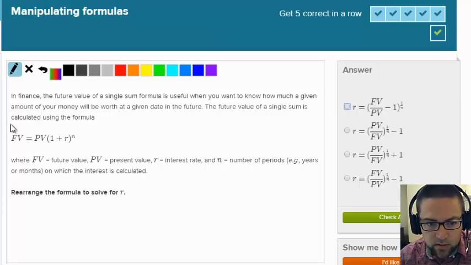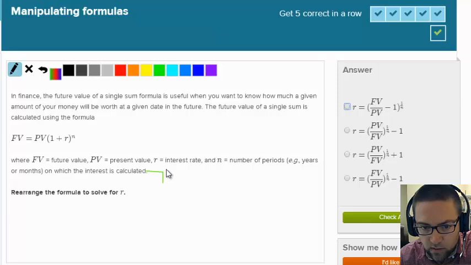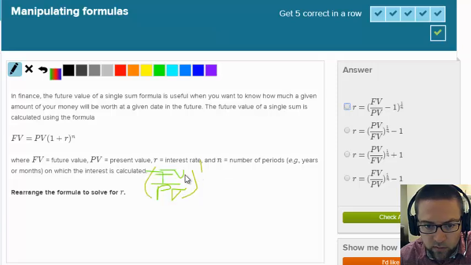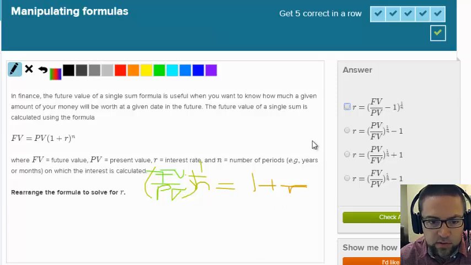Let's go ahead and write this down. So we have FV over PV to the 1 over n power is equal to what's inside the parentheses here, so 1 plus r. And then I want to solve for r, so I'm going to subtract 1 from both sides.